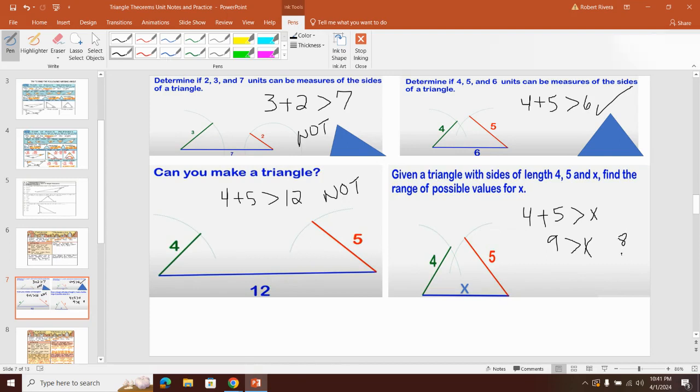X can be 7. X can be 6. X can be 5. X can be 4.